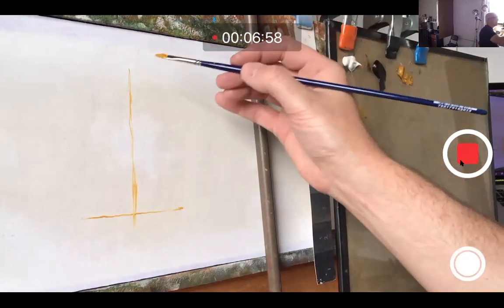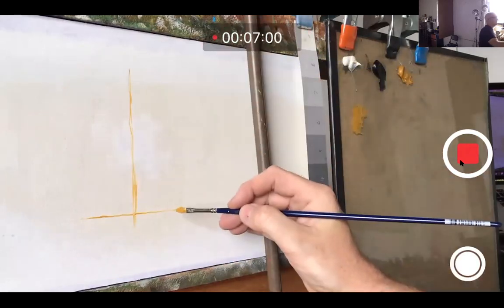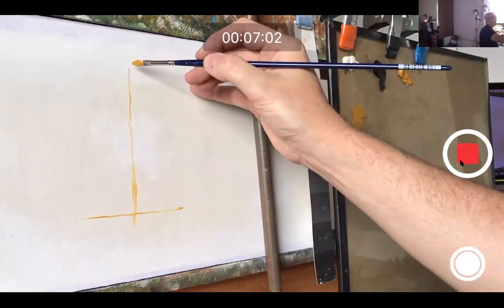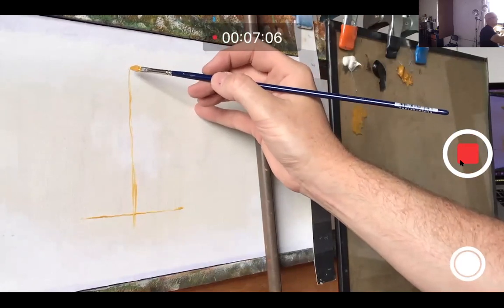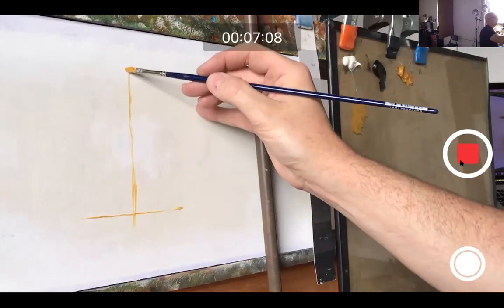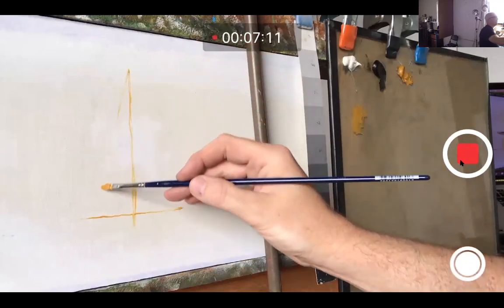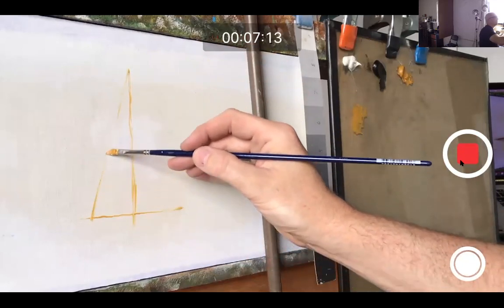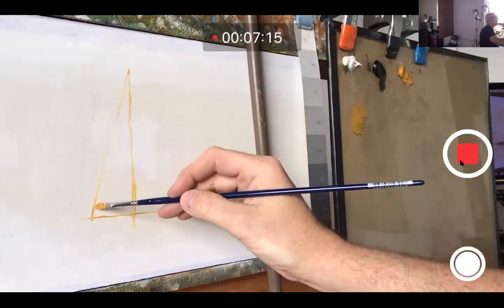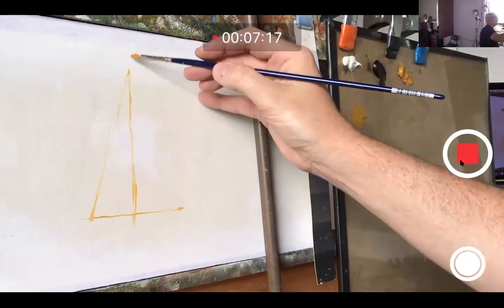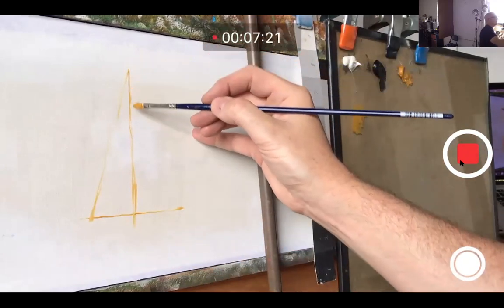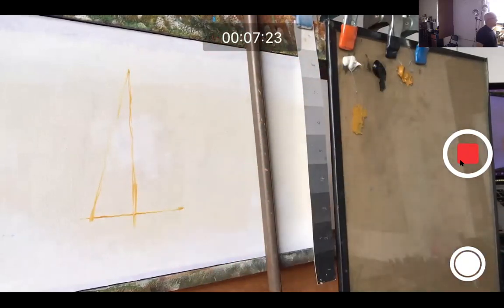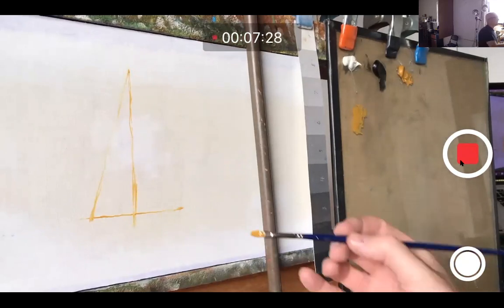If I just try to plunge into the contours without setting up any kind of underlying structure, I'm almost certainly going to be inaccurate in the way I depict that cone. So why these underlying lines or construction lines, or again, underlying structure?